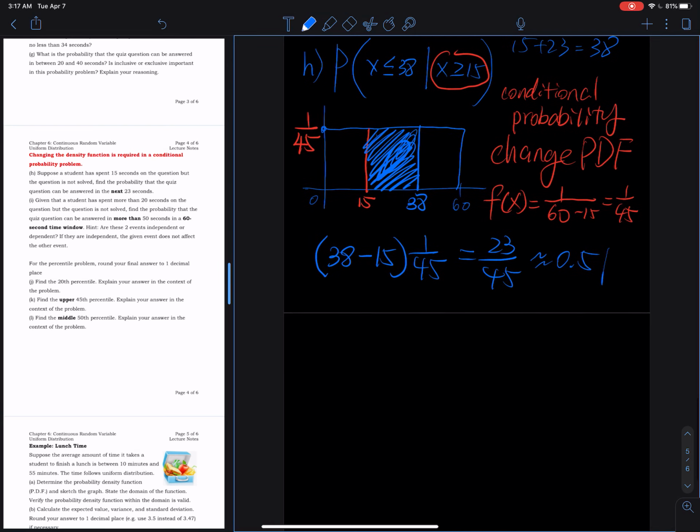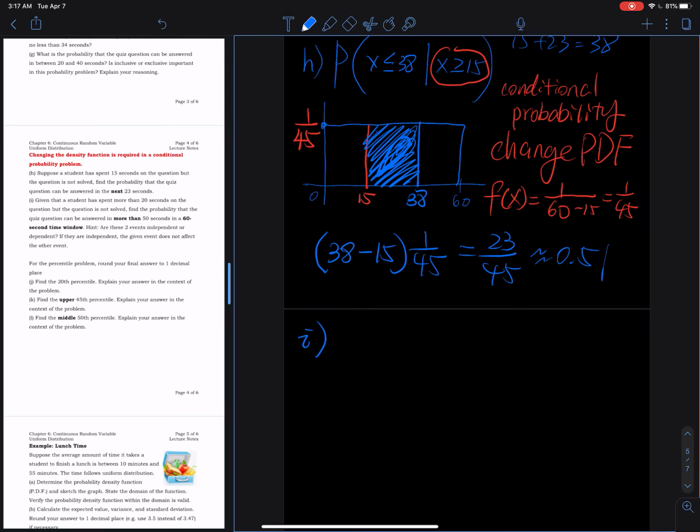So that is H. And then part I, given that a student has spent more than 20 seconds on the question, but the question is not solved, find the probability that the quiz question can be answered in more than 50 seconds in a 60-second time window. All right? Probability given x is greater than or equal to 20.